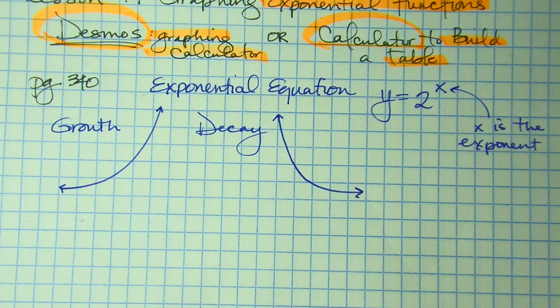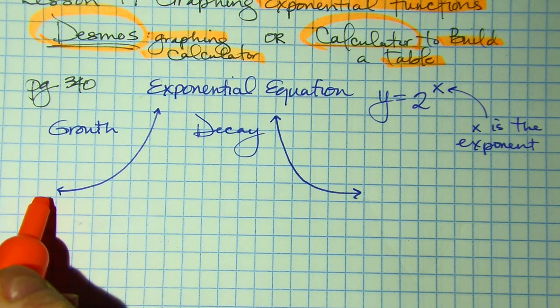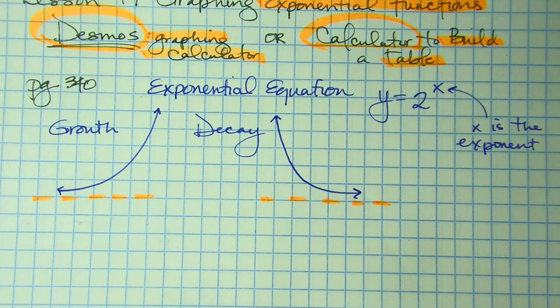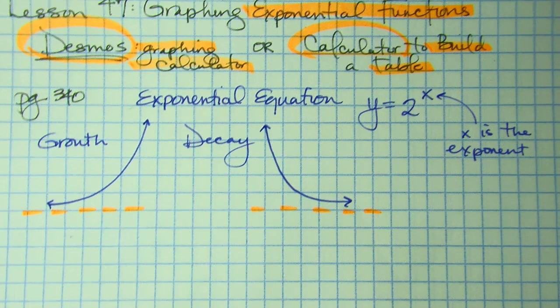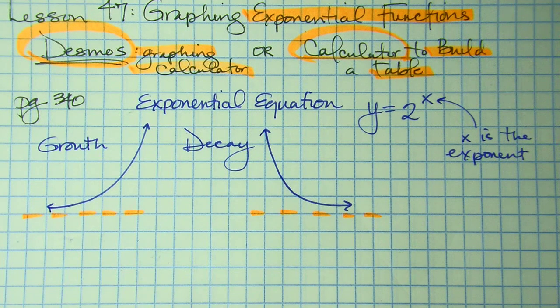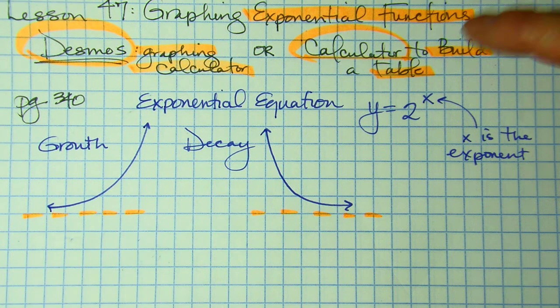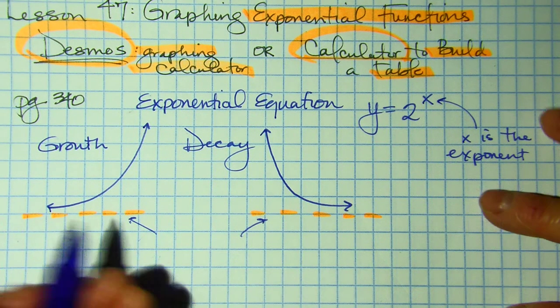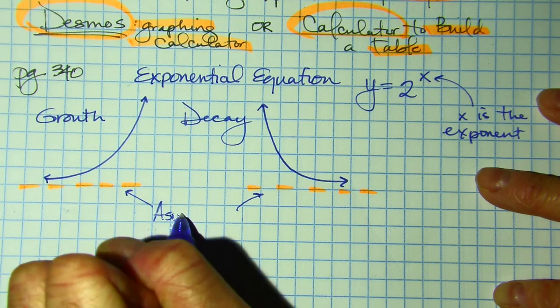So in exponential equations, you have like this bottom floor to each one that your graph seems to be getting closer to but never actually touches. And it has a mathematical term. This line or floor that your graph is getting closer to is called an asymptote.